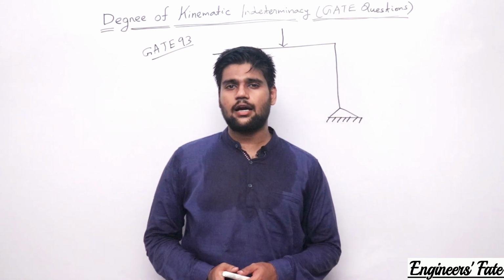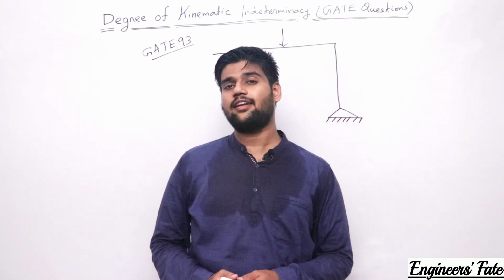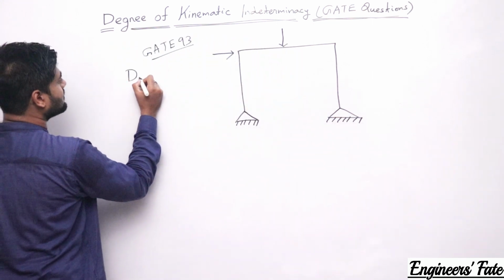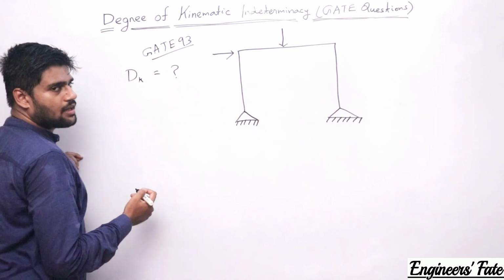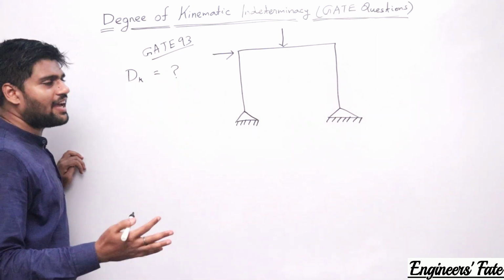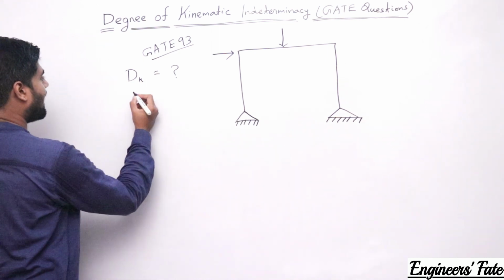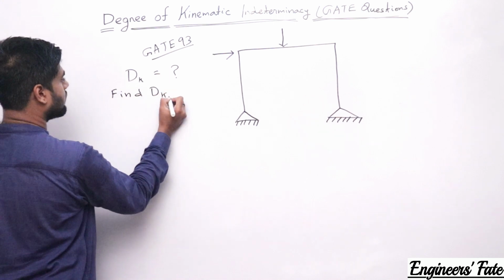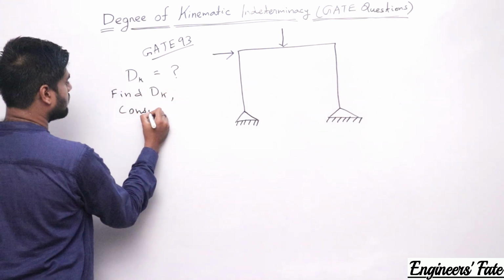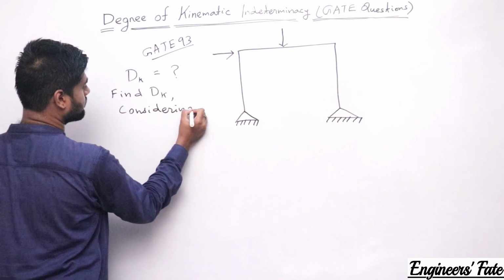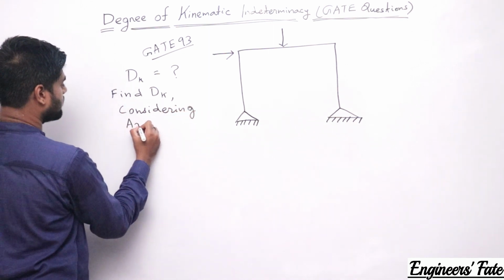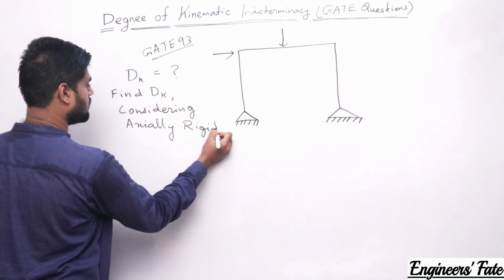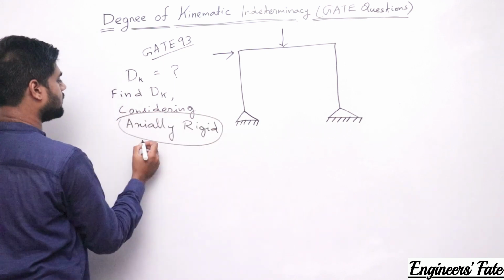So this is the question asked in GATE 93. What has he asked? He has asked to find DKR. Has he mentioned anything else? He has not mentioned anything else. Means I have to find DKR considering the structure as actually rigid. What do you mean by actually rigid?